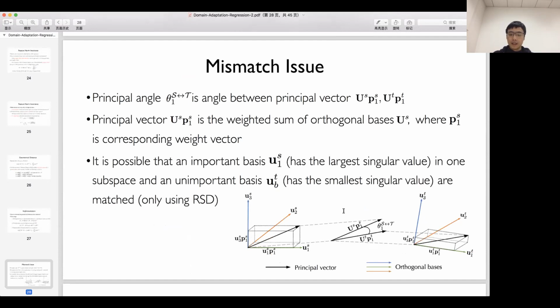We can see in the figure the calculation process of principal angles. Principal angles are the angles between principal vectors. So what is a principal vector?